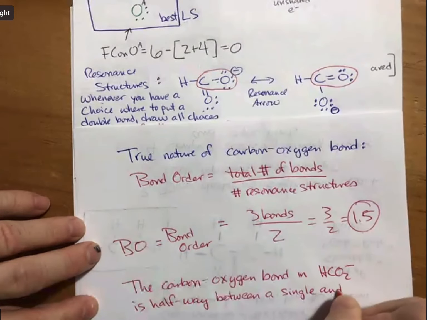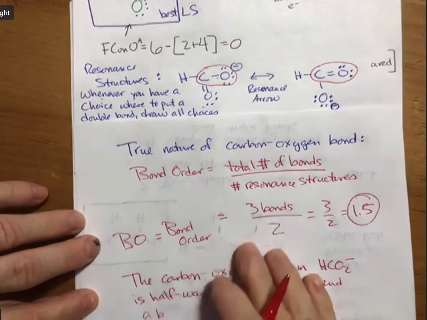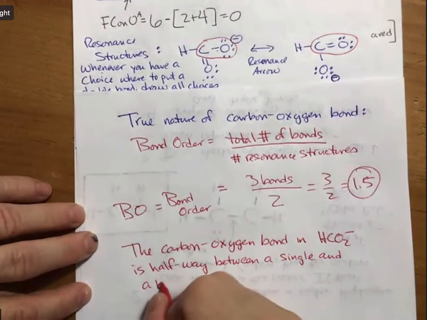You said that single bonds are longer than double bonds? That's right. So if we were thinking about what it means to be halfway between a single and a double bond, a single bond is longer and weaker than a double bond.